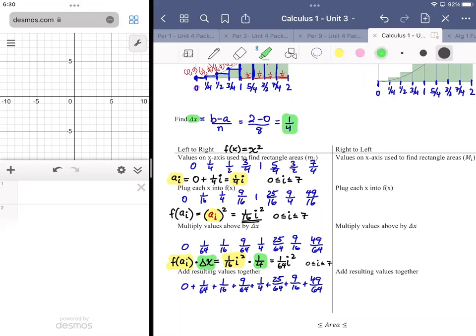So to write the rule, all you have to do is identify the starting value. My starting value is 0, and then the incremental increase. To get from a 0 to a 1/4, we add a 1/4. To get from a 1/4 to a 1/2, we add a 1/4.